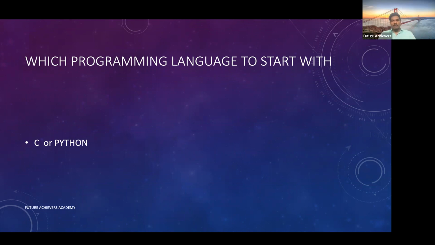If you take Google, they look for people who can solve problems. If you take Microsoft, same thing. There is no barrier, and you can use any programming language to solve problems. But C++, Java, C, Python are the most widely used languages for interviews. So start with C or Python.